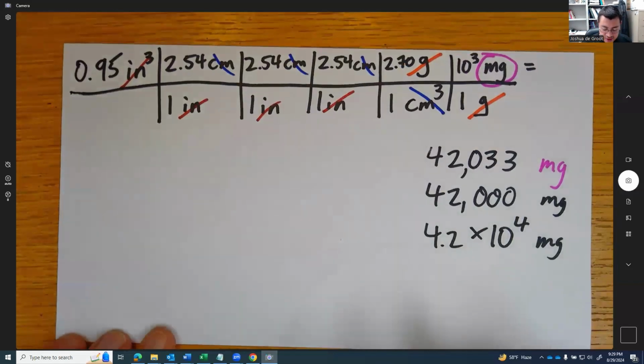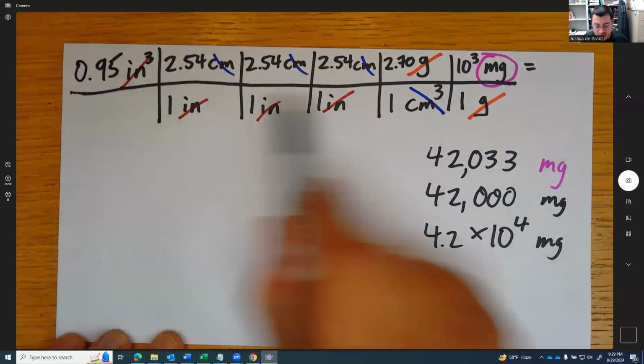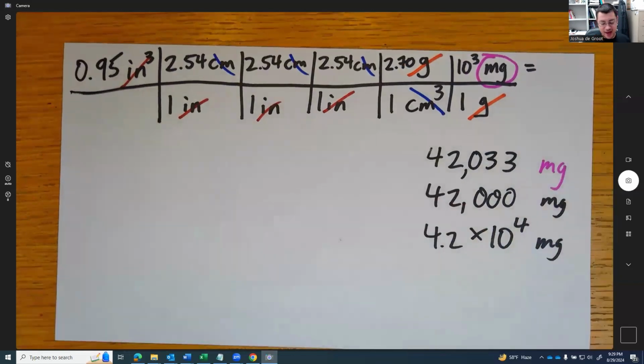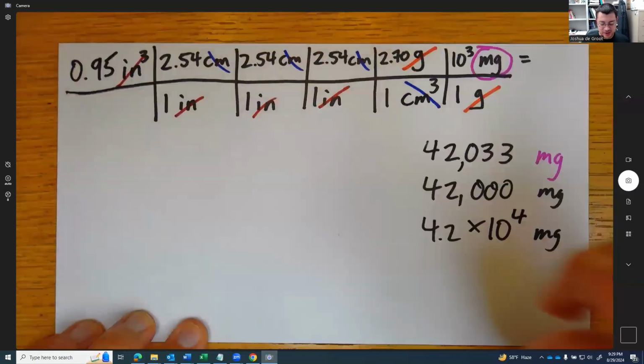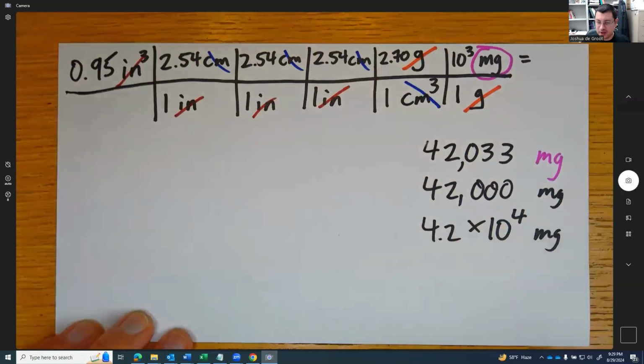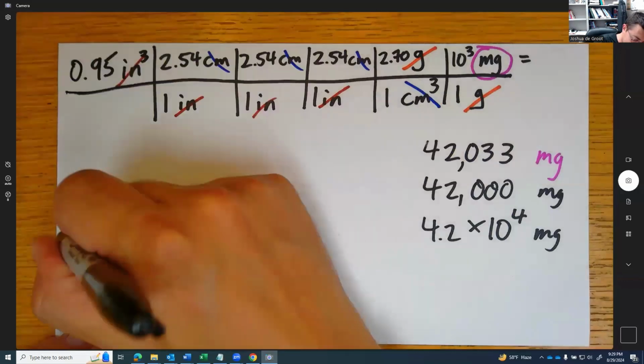All right, now some of you may prefer this way. I like writing it out this long way, but some people are pretty comfortable with exponents and maybe they'll want to condense this, and that's totally okay.